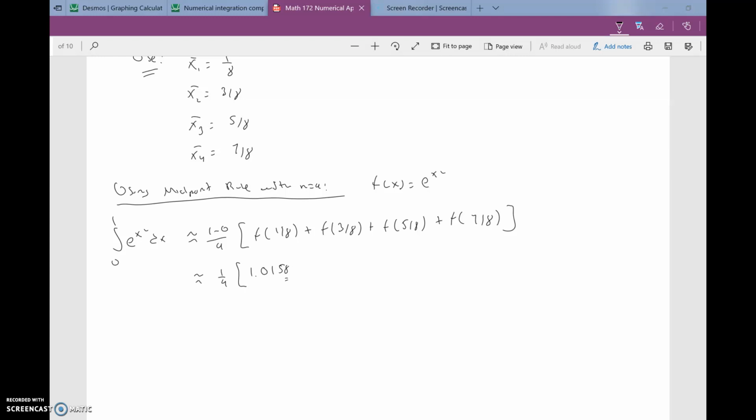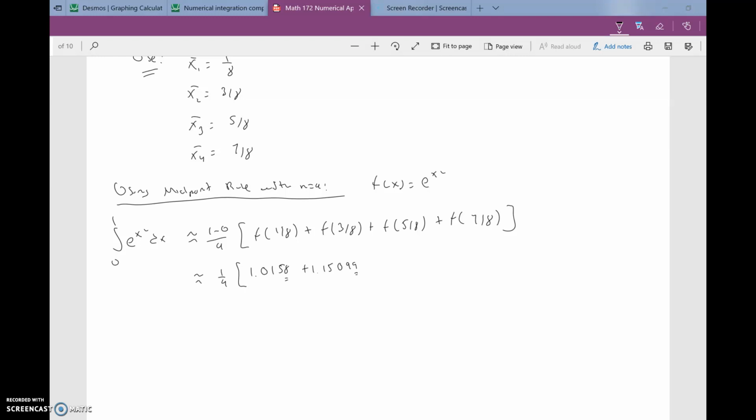And I'm already using 4 decimal places. The next value was 3/8. So plus 1.15. I'm just gonna say that that is 0.99. I don't want to go below that.